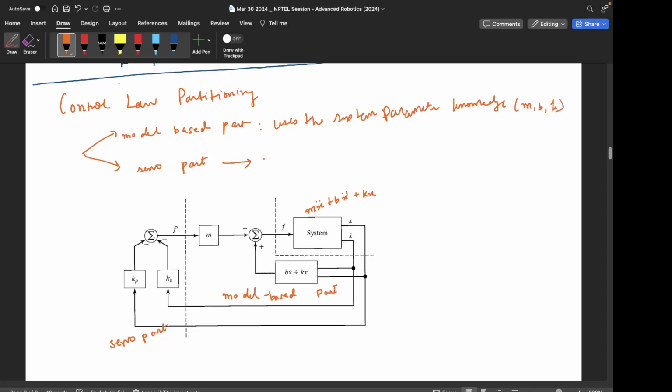It's in this case a PD law on the actual state and derivative.